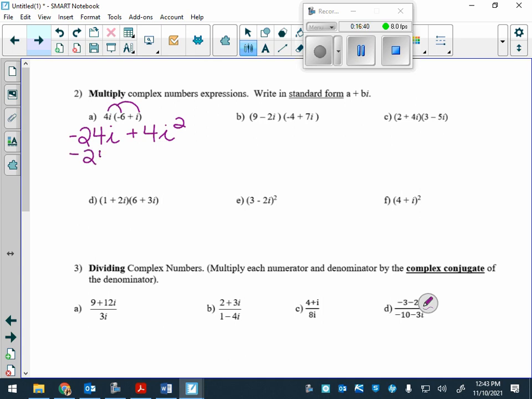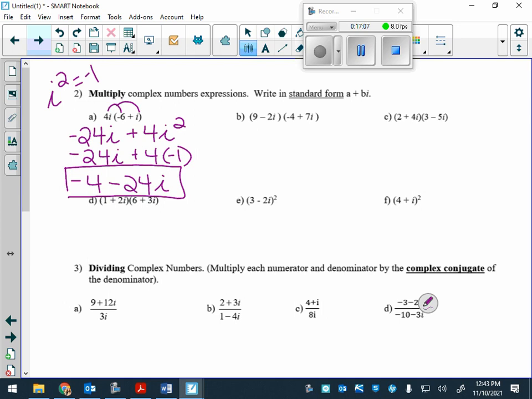Good. So i squared equals negative 1. So when you're multiplying, remember, i squared equals negative 1. You should not have i squared anywhere in your final answer. So in the end, this is not in standard form, so I have to rewrite it. Negative 4 minus 24i. All I'm doing is reordering.